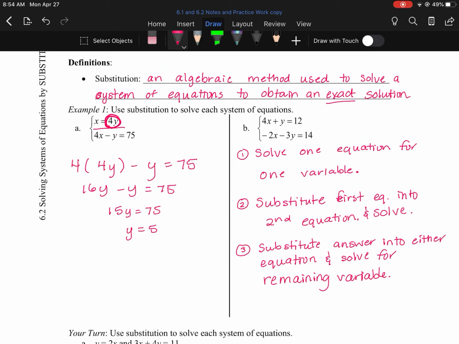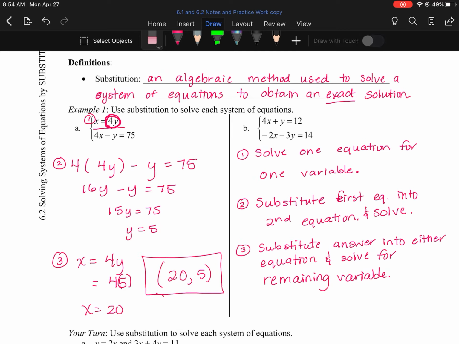I'm going to substitute this into the first equation, because the first equation already says x equals 4y. So it's already solved for x. So I'm going to take 4 times 5, and we get that x is equal to 20. So our final answer is 20, 5.